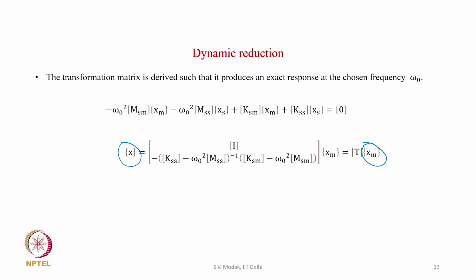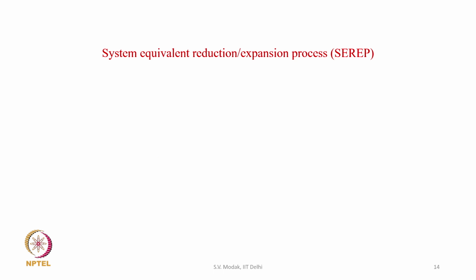Now, these two techniques do not preserve the frequencies and the mode shapes of the original equation, right. They would undergo some change because of the model reduction and approximations being carried out. So, another technique for model reduction was developed whose objective was to preserve the natural frequencies and mode shapes of the selected modes in the reduced model, and that technique is the system equivalent reduction expansion process, which is abbreviated as SEREP.